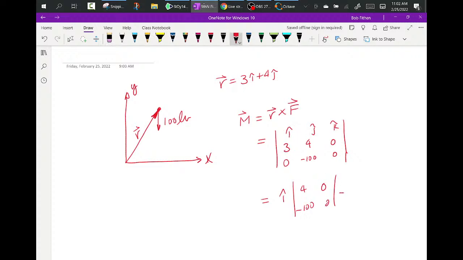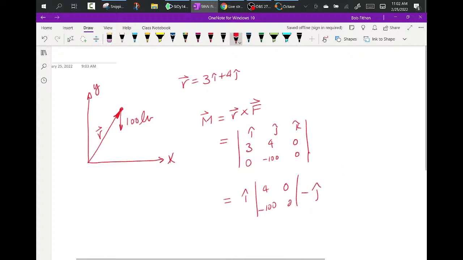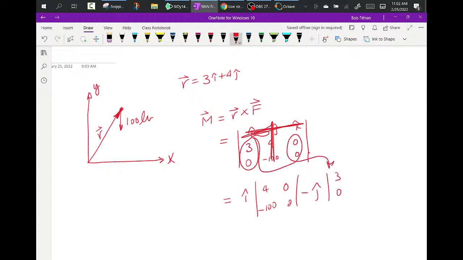If you X'd out the J, I'm doing this just to be complete, you would take this and put down here, and it would be 3, 0, 0, 0. First thing you're going to see is you're going to get a 0 and a 0, 0 and a 0.